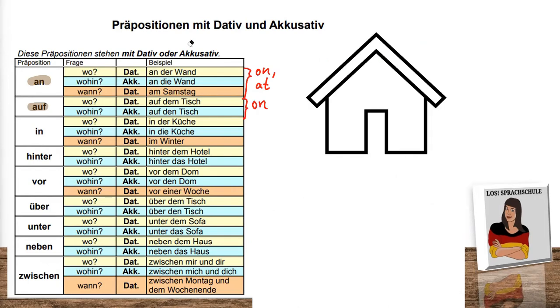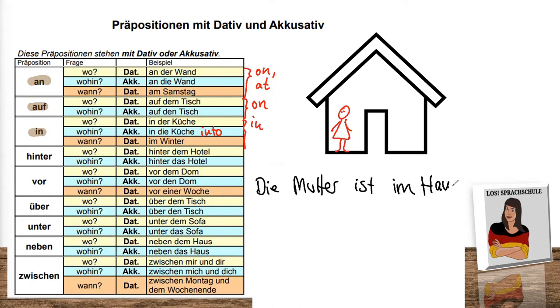Next one is in. In, of course, means in, but if we have Akkusativ, it can also mean into, because we have the movement. For example, wo, Dativ, in der Küche, in the kitchen, or in dem Haus, in the house. Die Mutter ist im Haus. Again, Dativ.